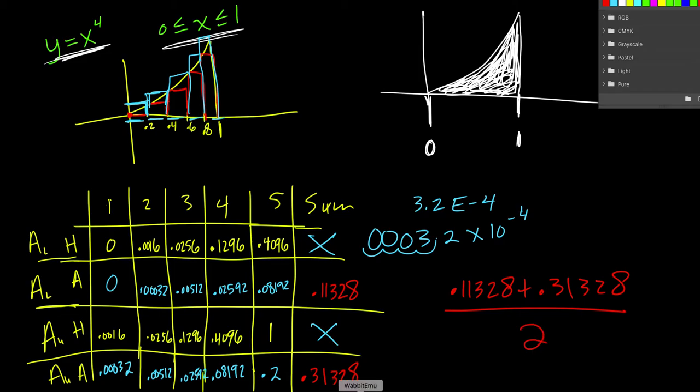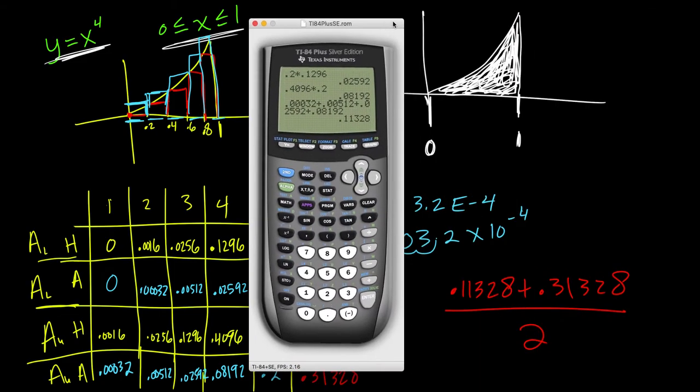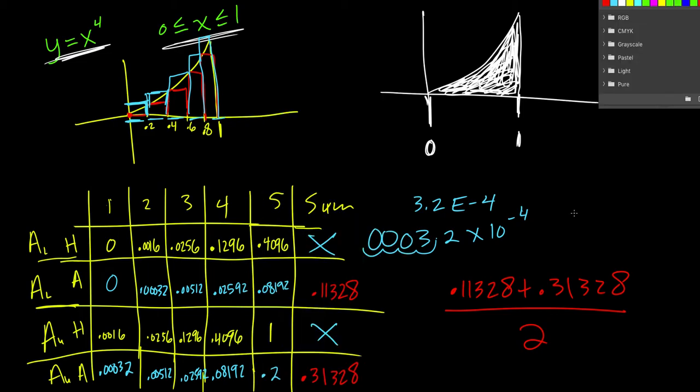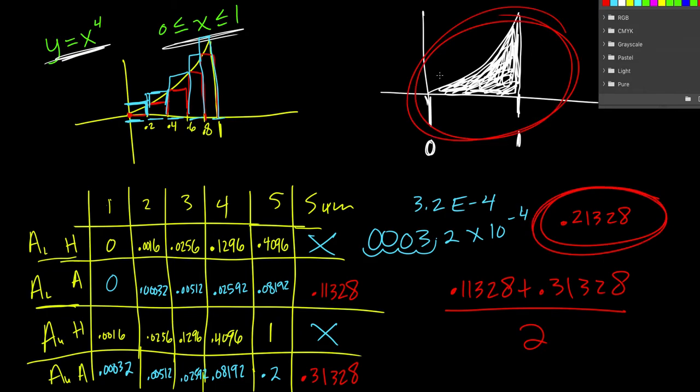We're just averaging those two. We end up with 0.21328. So that is a pretty good estimate for the area under this curve, or the white section.